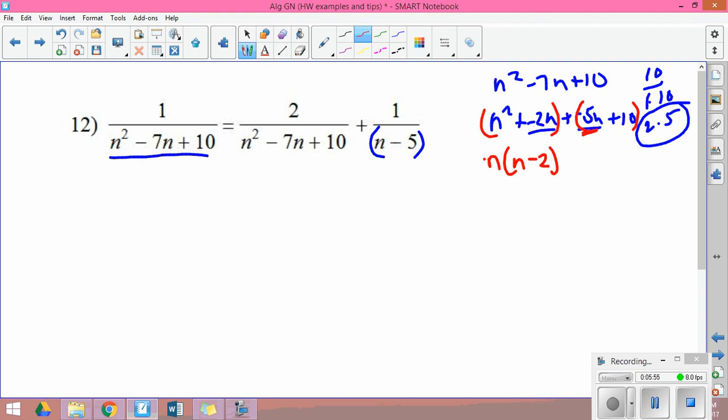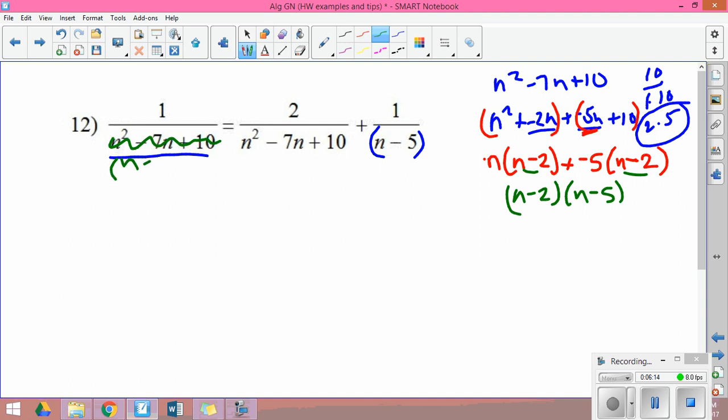Remember when the third term is negative, I'm going to pull a negative out. -5 is my common factor. 10 divided by -5 is -2. Now my -2's are my common factors. So this factors into n minus 2, n minus 5, as does this one.